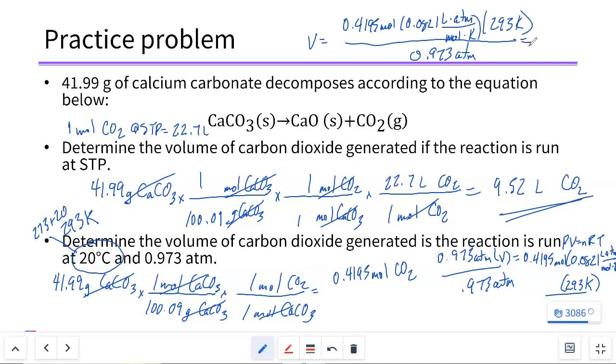So if I do all of that calculating, 0.4195 times 0.0821 times 293 divided by 0.973, the three significant figures, I would get 10.4 liters of carbon dioxide.